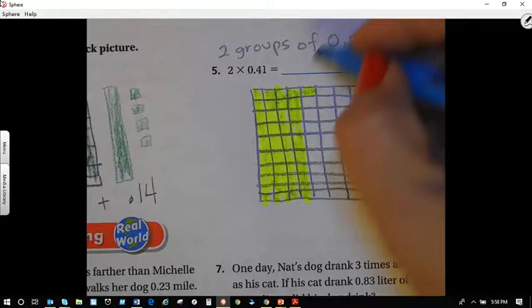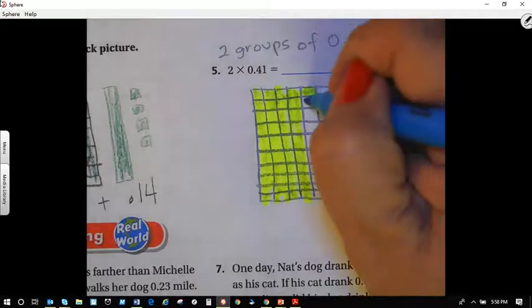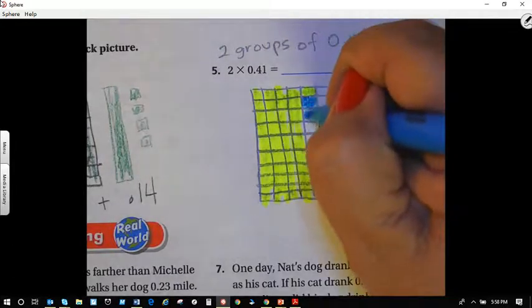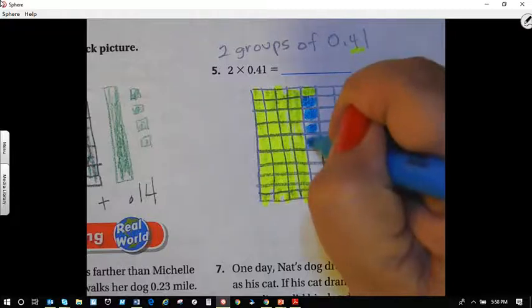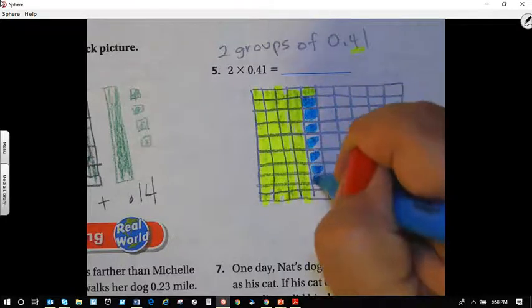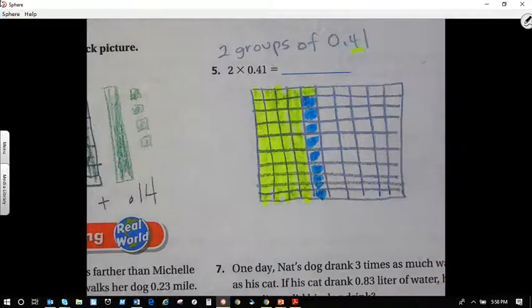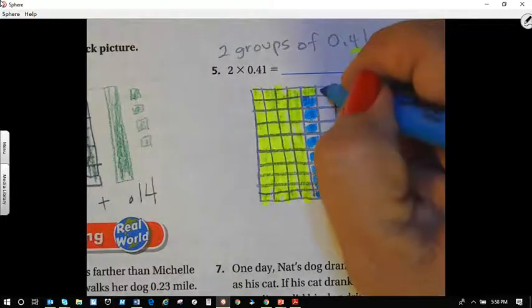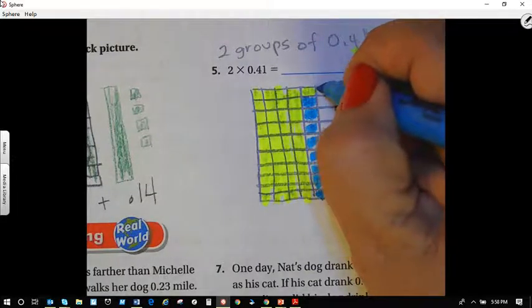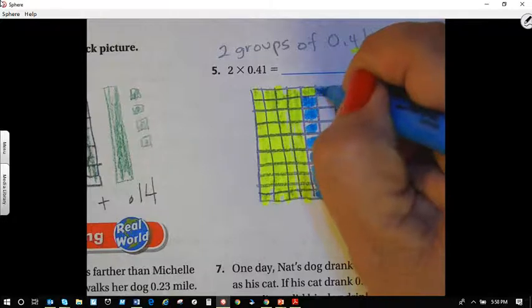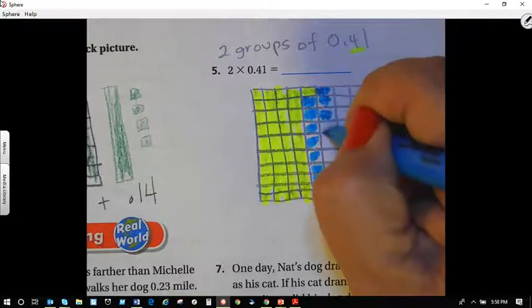So I have, this is going to be 9. 1, 2, 3, 4, 5, 6, 7, 8, 9. 9 plus 10 is 19. So I can shade in one rod.